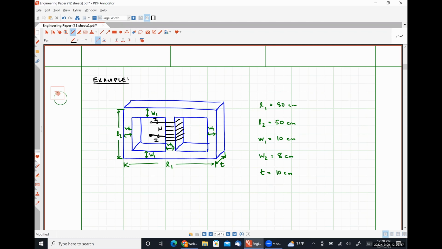Okay. So let me ask you guys a question here. Do you think that the equivalent reluctance of this magnetic structure would be different if I put the coil on a different leg?